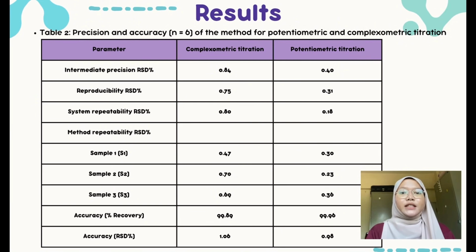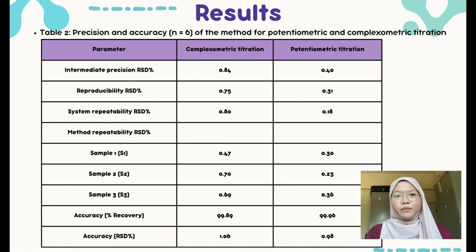First, we have intermediate precision, reproducibility, system repeatability, and method repeatability, all expressed as relative standard deviation or RSD. For complexometric titration, RSD percent values range from 0.69% to 0.84%, while for potentiometric titration, they were even lower, between 0.18% and 0.40%.